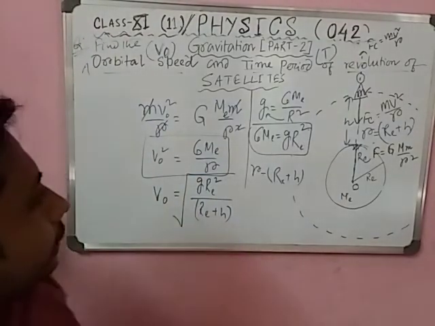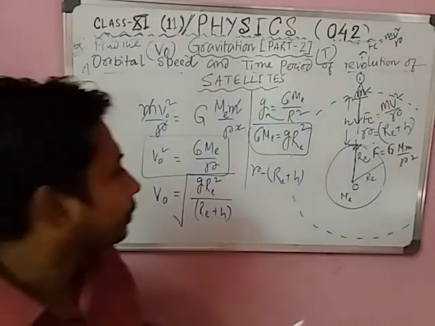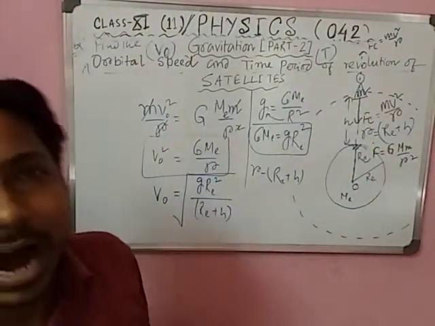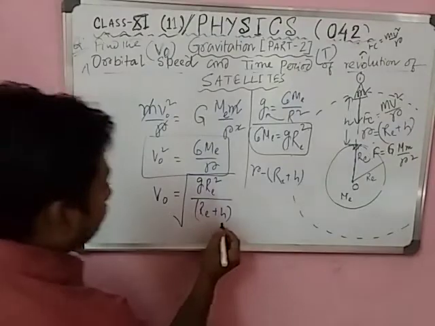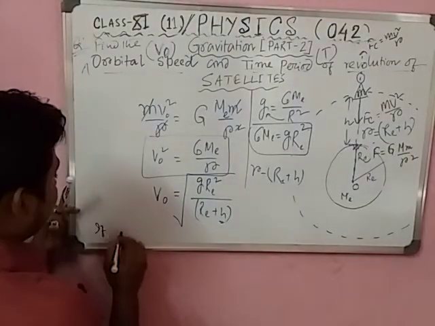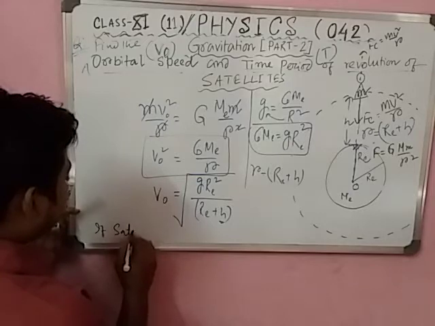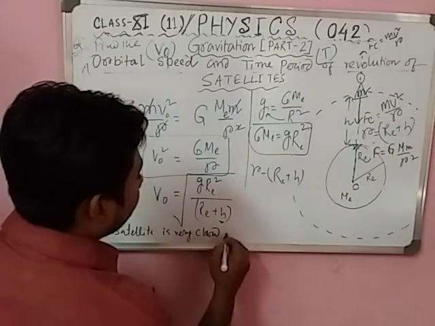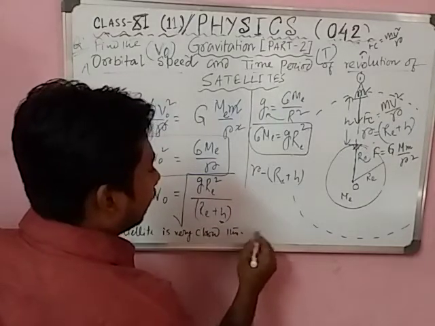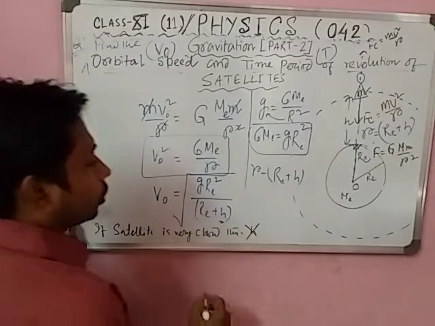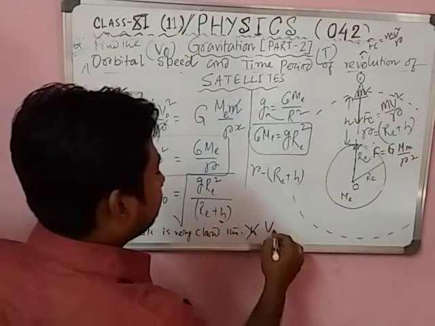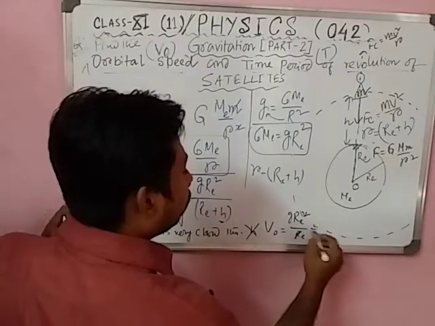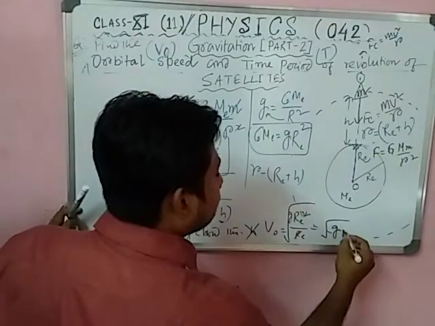Students, if the satellite is very close to the Earth, then we can ignore h. So we will only write Re, and v0 is equal to root over g Re square by Re, so root over of g Re.